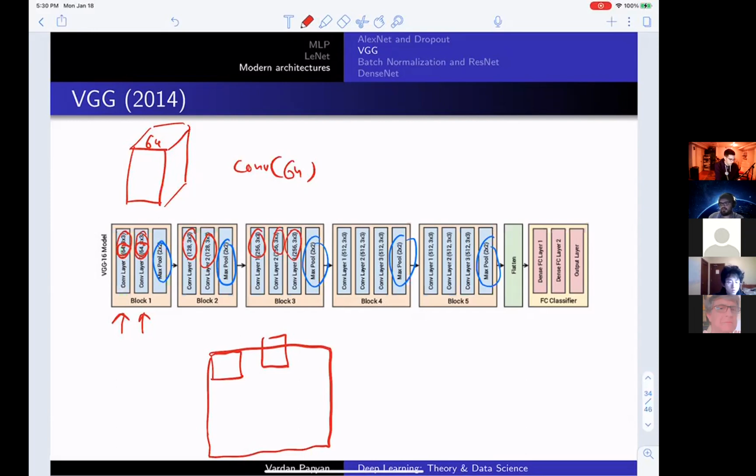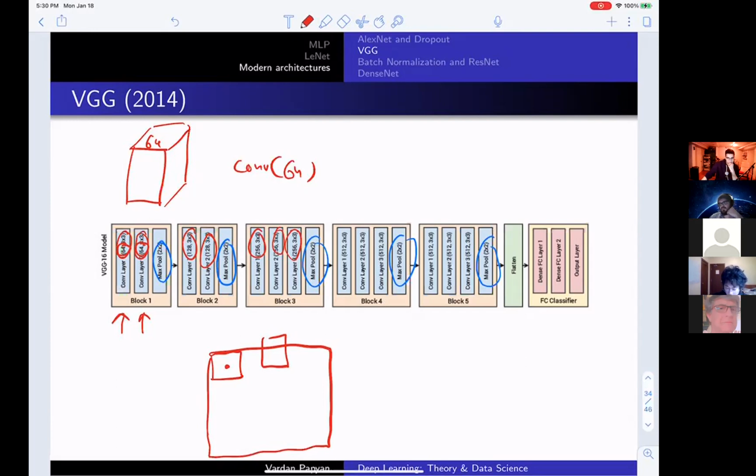In reality, what people do is, if you just apply the convolution as is, the size of the image would shrink slightly, right? Because if you convolve an image of size n by n with a 3 by 3 filter, the size of the image would decrease by 1 on each side.